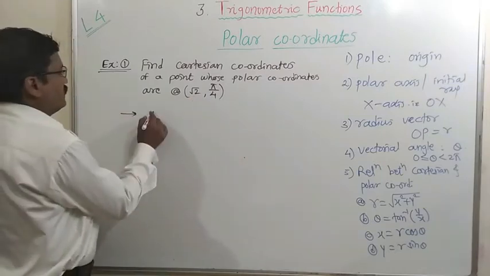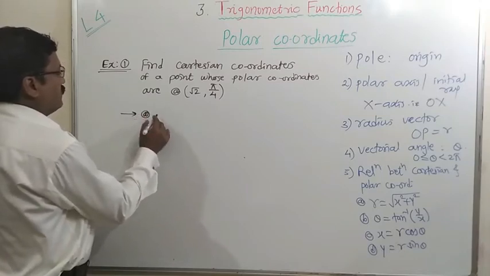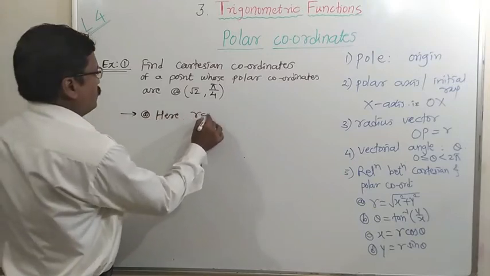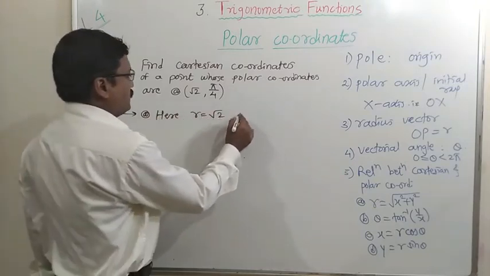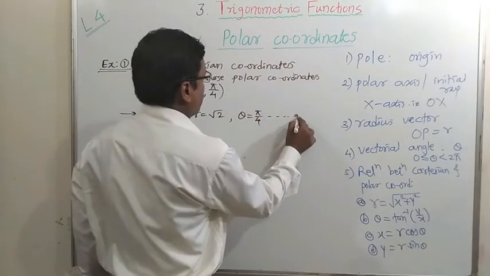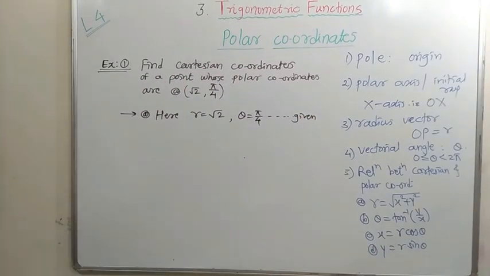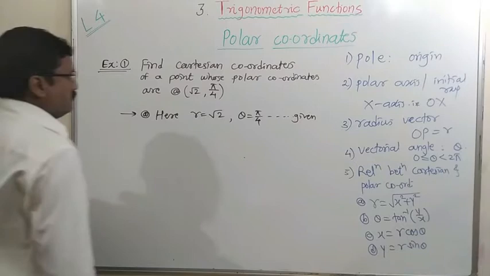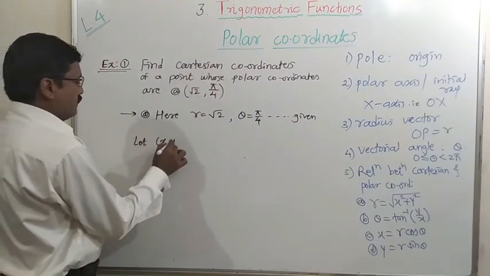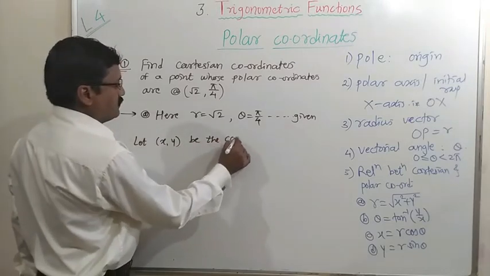In the solution part, here r equal to root 2 and theta is equal to pi by 4. These are given. If you consider P and R are polar coordinates. Now we have to find Cartesian coordinates. Let x, y be the Cartesian coordinates.